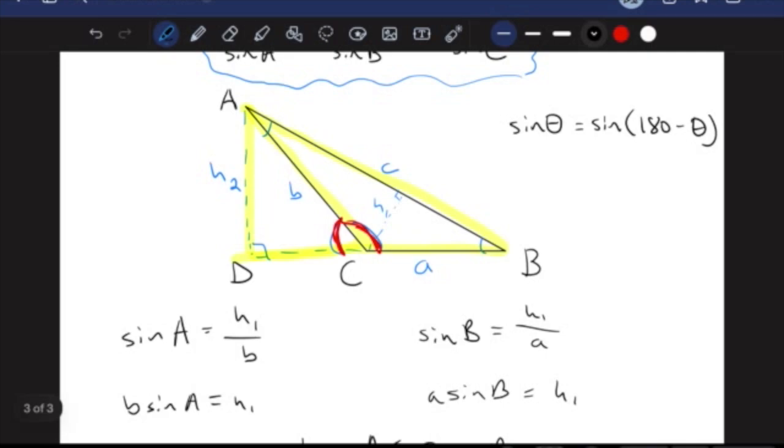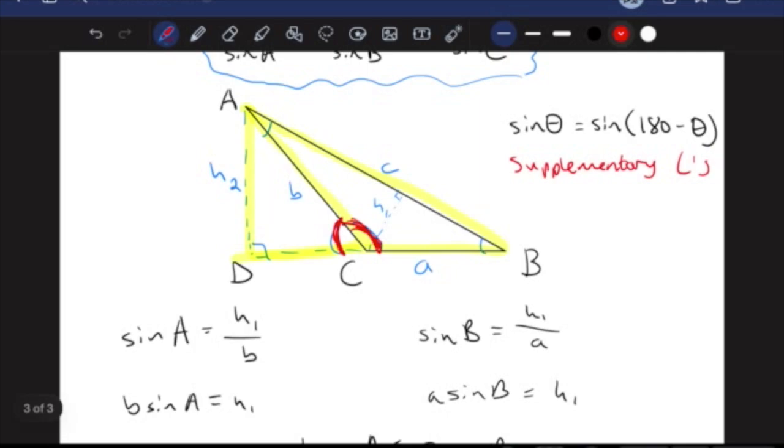There is a reason why this works, but sine of any angle is the same as sine of 180 minus that angle. This is a trig identity for supplementary angles. So by that identity, ACD, this angle on the left, is equal in sine to ACB, the angle on the right.